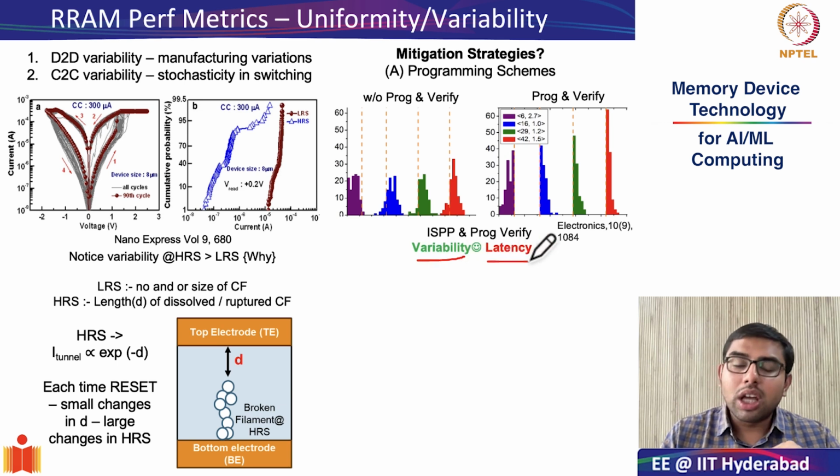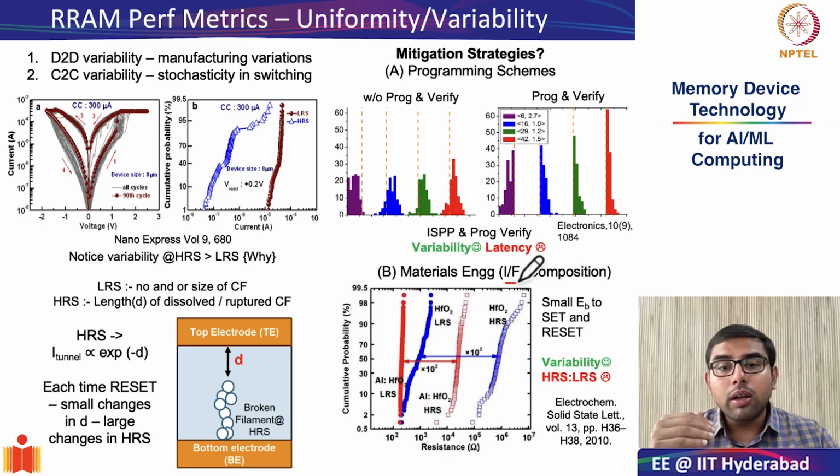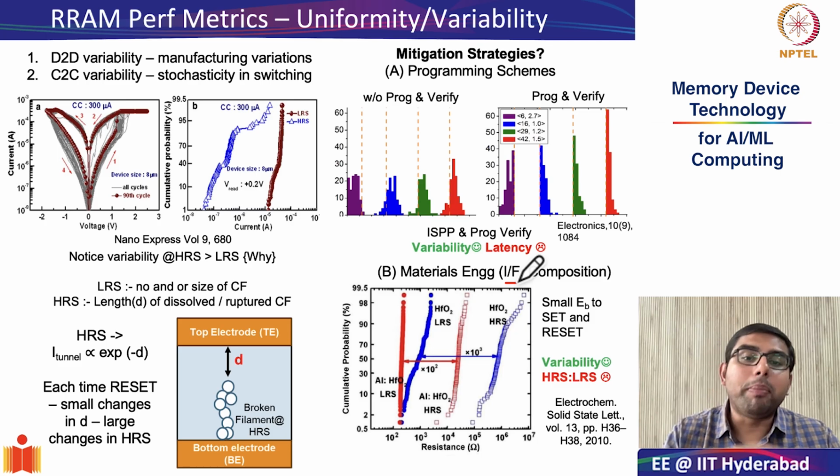of increased latency. The second strategy which people use to improve the variability in RRAM devices is by playing with the materials composition and also the interface between the oxide or the insulating material and the top electrode.